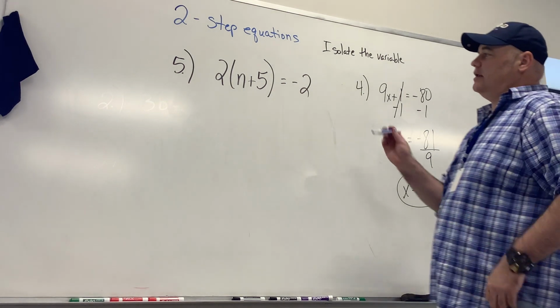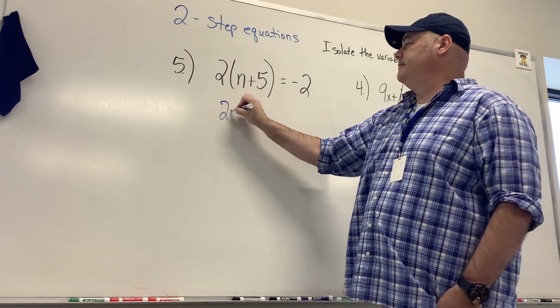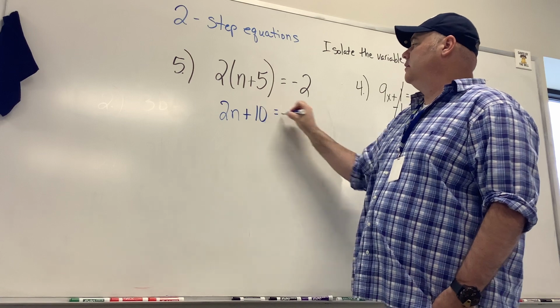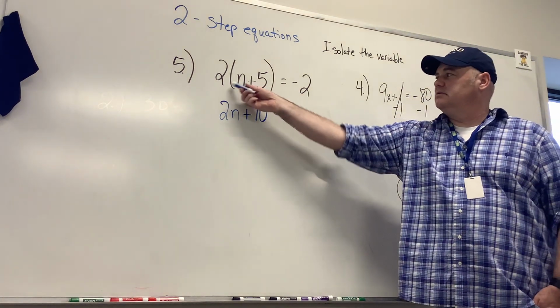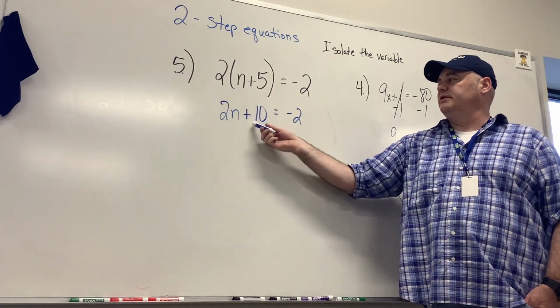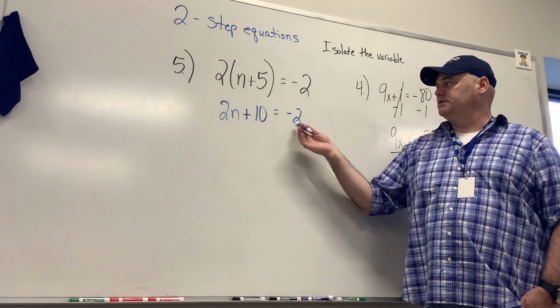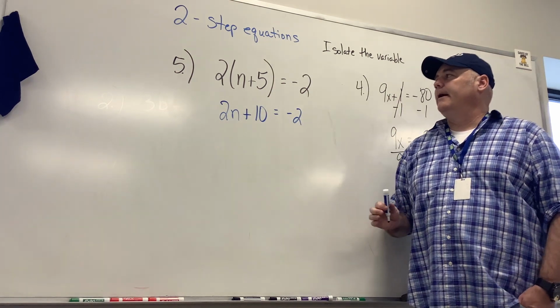But let's first distribute, okay? So 2 times n is 2n, 2 times 5 is 10, and then over here we still have negative 2. You're not distributing this, only distribute what's in the parentheses. Over here, there's nothing to multiply by, therefore it's still just negative 2. You need it, can't get rid of it, it's there.